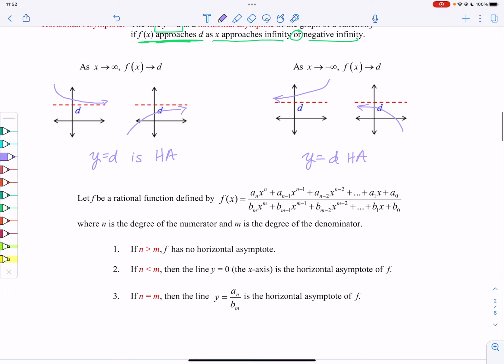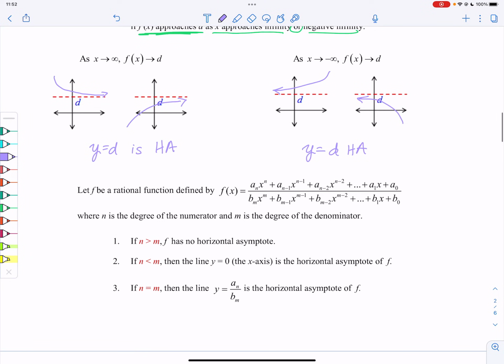Okay, so now let's just say we have our function definition, and this is the general form, of course. How can we find these horizontal asymptotes? Well, we are going to be looking at the degree of the denominator and the degree of the numerator, and we're going to compare those. So the degree of the numerator is n, and if that is greater than the degree of the denominator, there are no horizontal asymptotes.